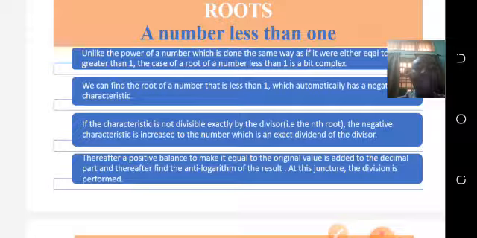Remember, if the characteristic is not divisible exactly by the divisor, that is the nth root, the negative characteristic is increased to the number which is an exact multiple of the divisor. That means when you want to divide under this, you must make sure that the divisor and the dividend are compatible.